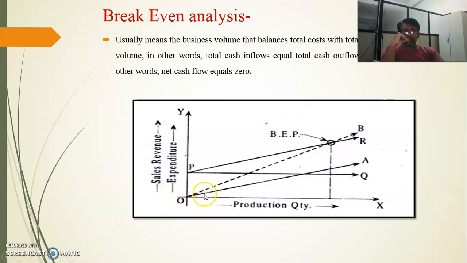When the generated revenue increases and meets the total cost line, this point of intersection of the sales revenue and expenditures gives us the break-even point, where the generated revenue becomes equal to the total expenditures we have spent. At this point, there will be no loss, no profit for the company.